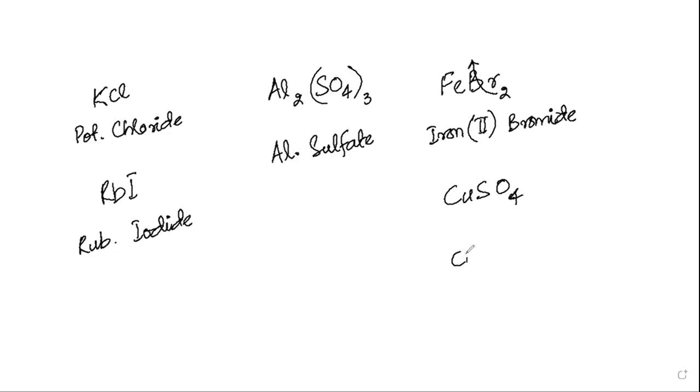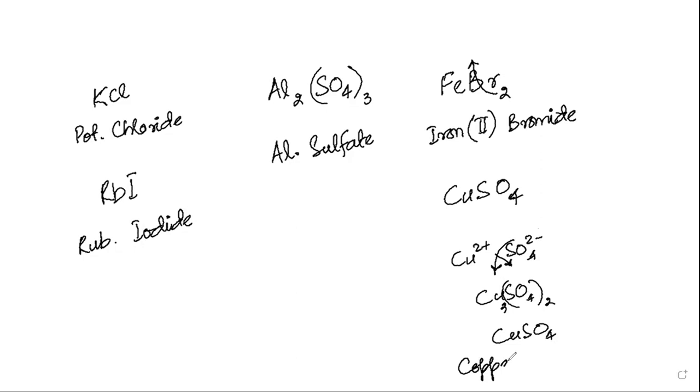Sometimes the states are actually balanced out in such a way that there are no numbers at bottom, Cu2, SO4, 2, and then we can simply write it as CuSO4. So it won't be copper 4 sulfate, it would still be copper 2 sulfate.